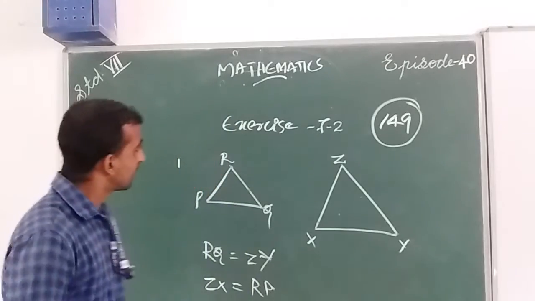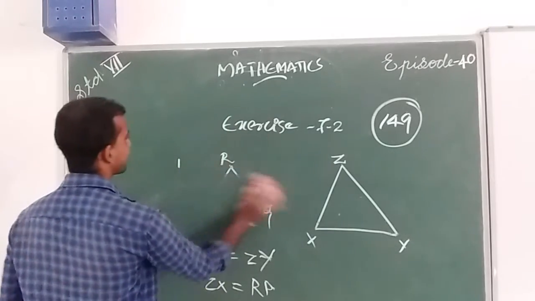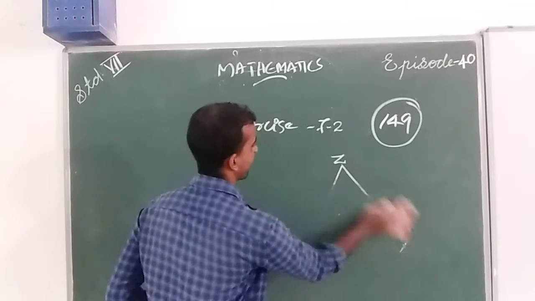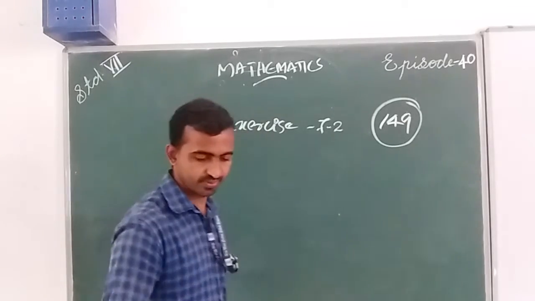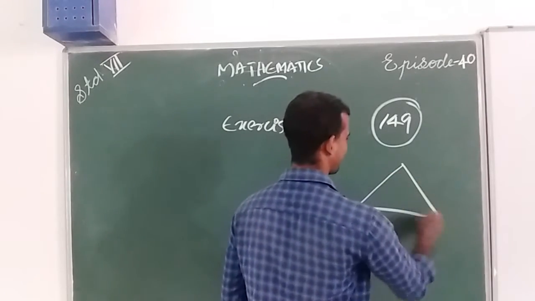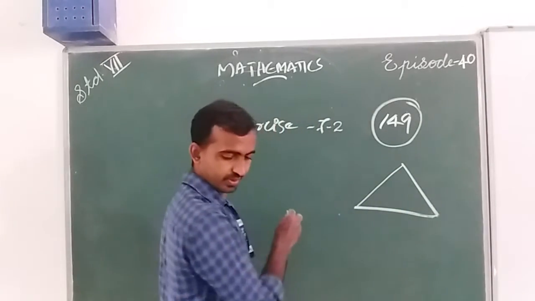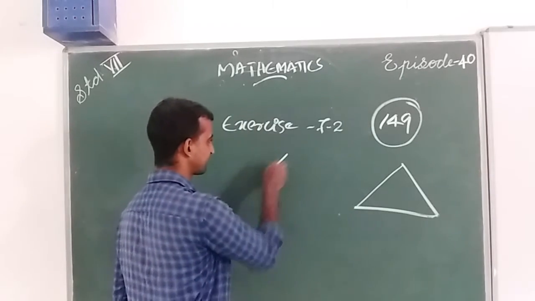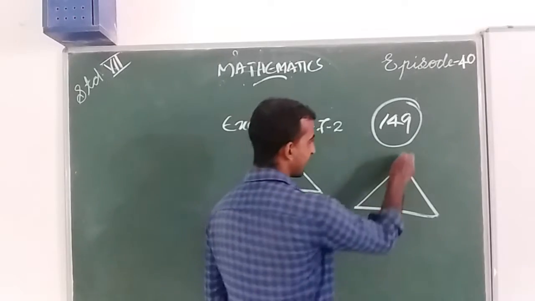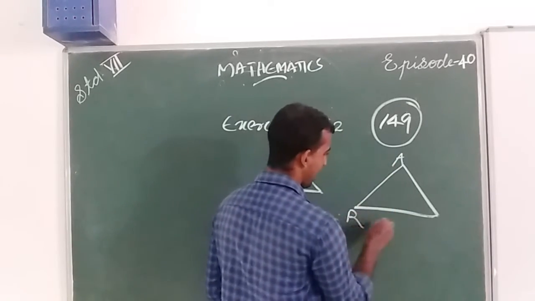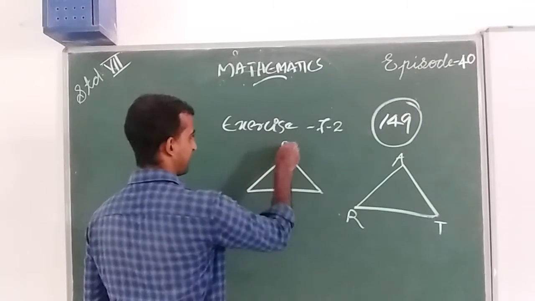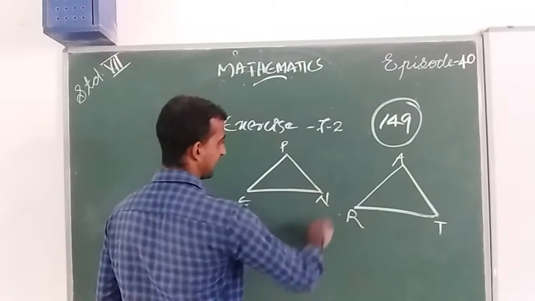That is, we have two triangles, this is ART and this is PEN.